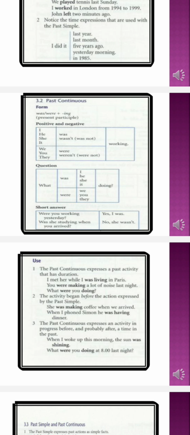He was working. He wasn't working. She was working. She wasn't working. It was working. It wasn't working.